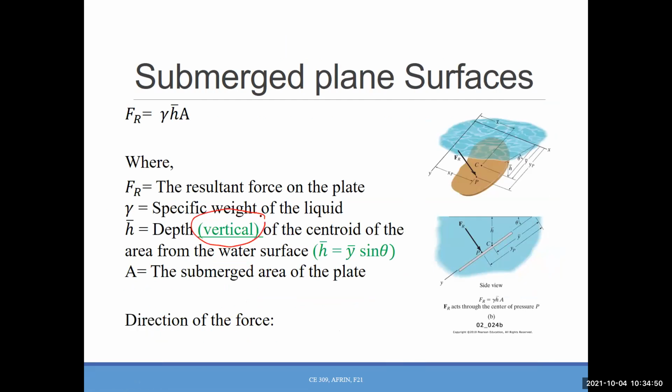This is the vertical, and if we need something in any other direction, that is the direction, okay? If you don't have those two words in your copy, make sure you write them down, okay? Now, once we know the resultant force, what is the next step?